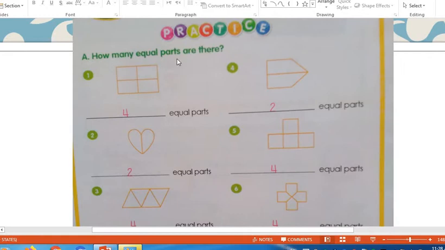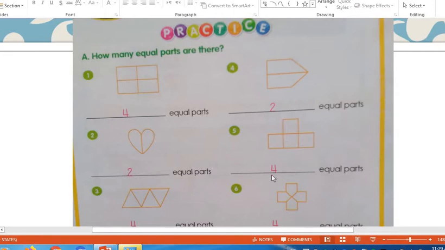How many equal parts are there here? Okay, I count here the equal parts. 1, 2, 3 and 4 equal parts. And here in this shape, I have, as I see here, 2 equal parts, 1 and 2. And here, this heart is divided into 2 equal parts, right? And this one I have here, 1, 2, 3, 4 squares that are equal.